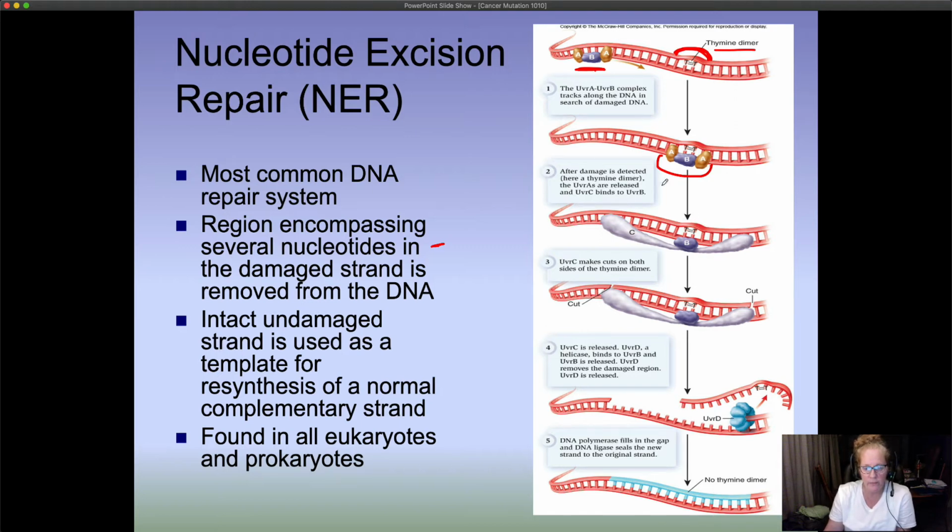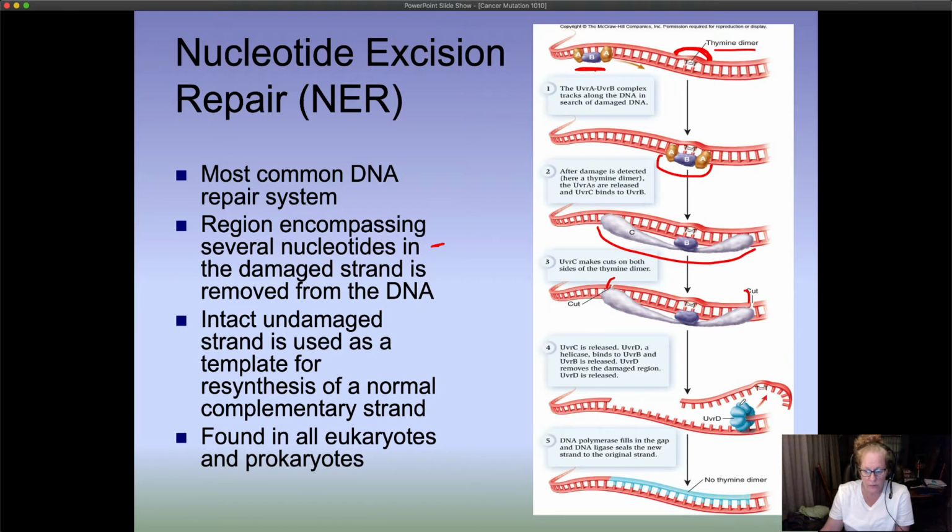So after the damage is detected, these enzymes, the A's, are going to be released. This B part of the enzyme will simply stick to where the damage is for location, and then we're going to have the C portion of this enzyme now attach. And notice it's going to cut upstream and downstream several bases from the actual damage itself.